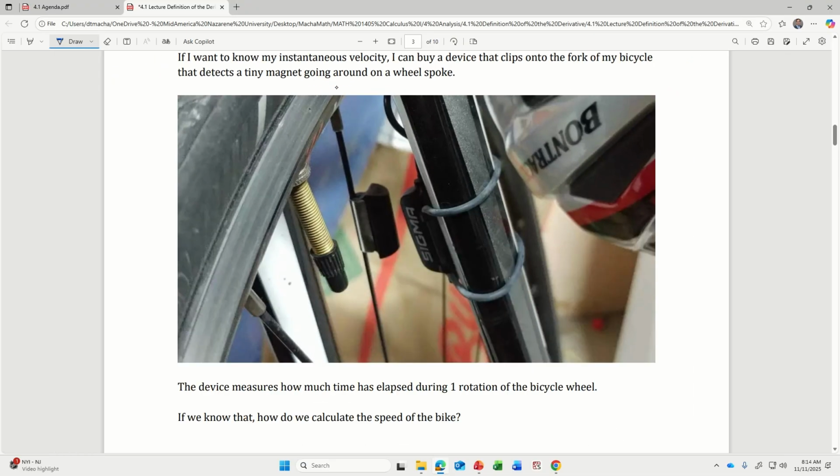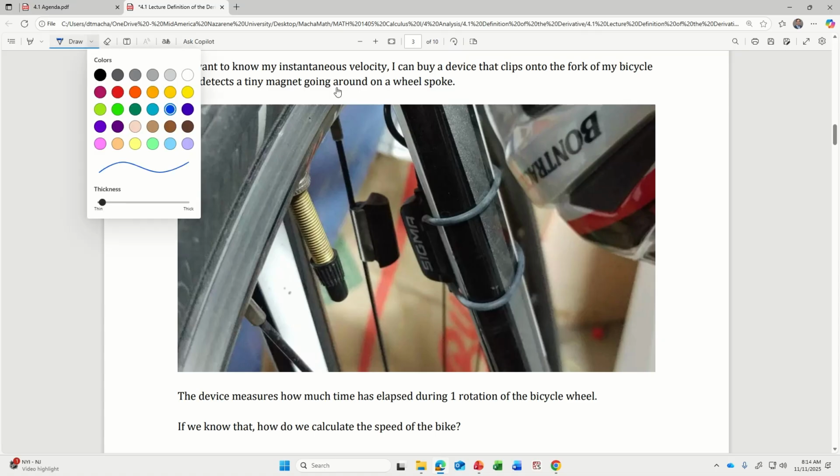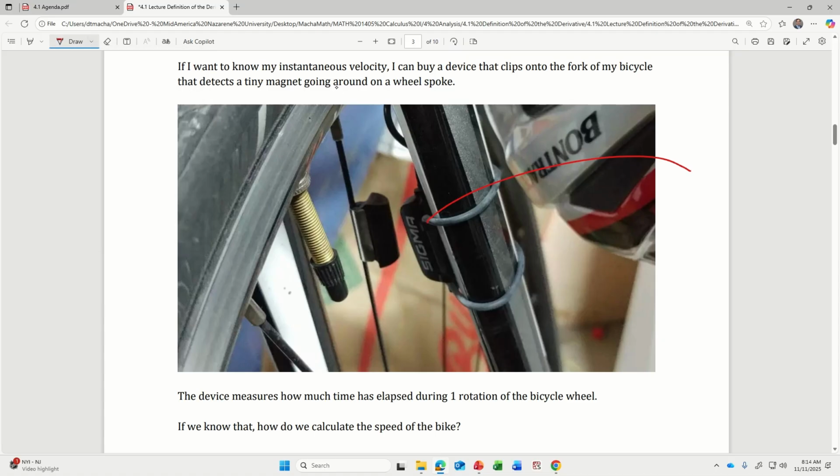So as I'm biking down the road, if I actually want to know my instantaneous velocity, what I could do is buy one of these little devices where you just clip a magnet to one of the spokes of your bicycle wheel, and then along the fork you attach a little sensor, and the only thing that this sensor does is it looks for the magnet.